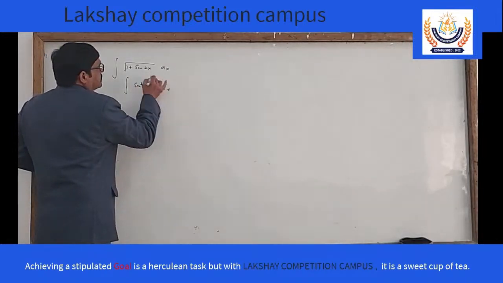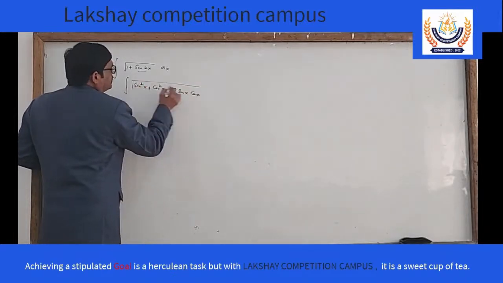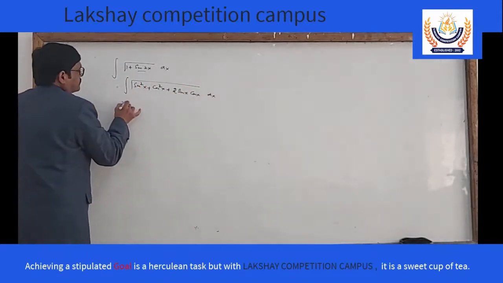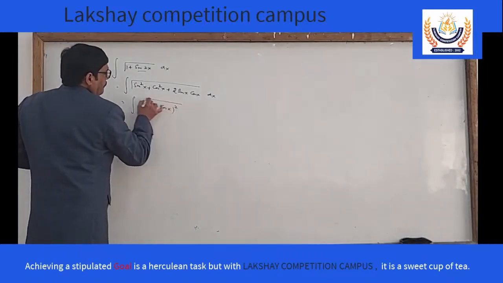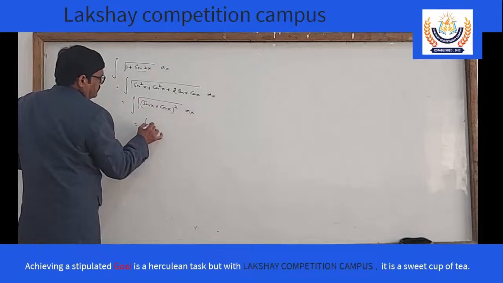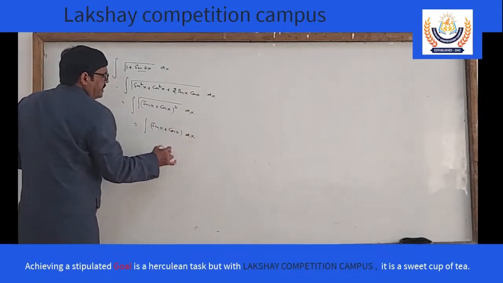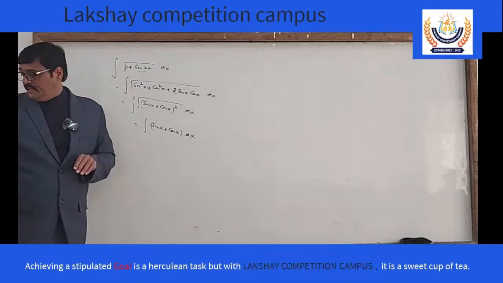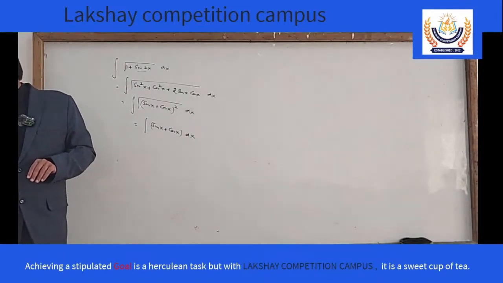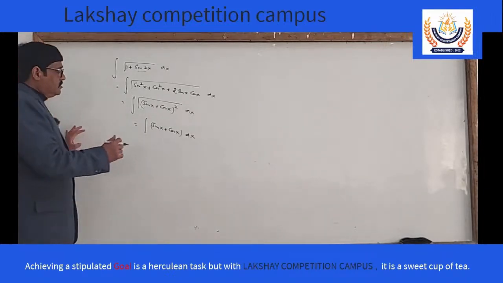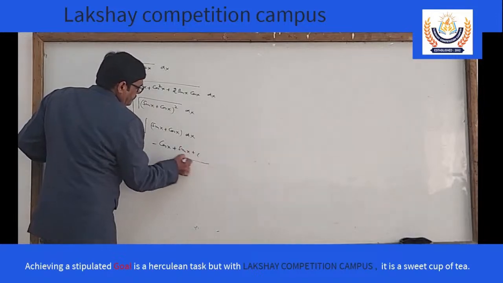What is sine 2a? 2 sin a cos a. This is the whole square of sine x plus cos x. This will become sine x plus cos x. Okay, students, please tell me, what is the integration of sine? Minus cos. What is the integration of cos? Sin x. That is here.